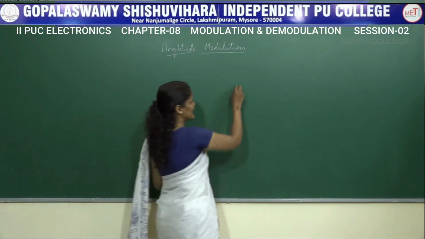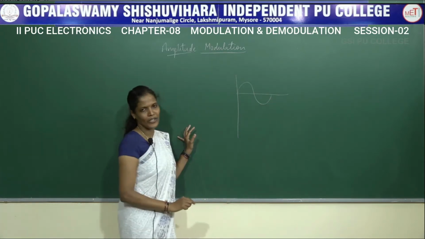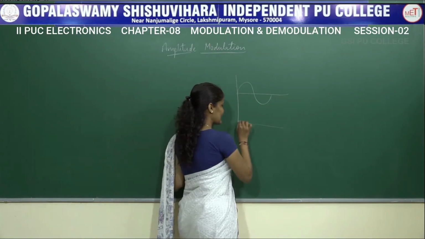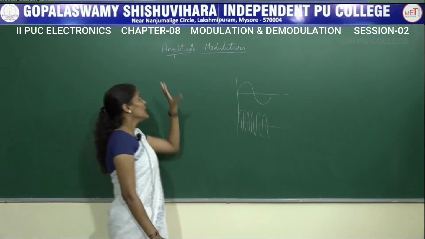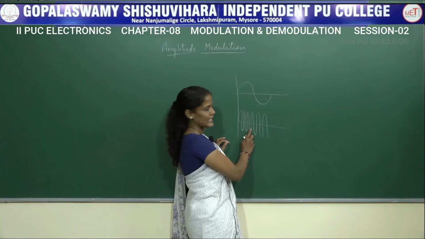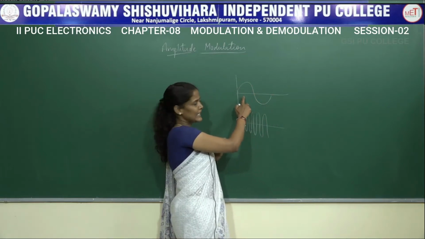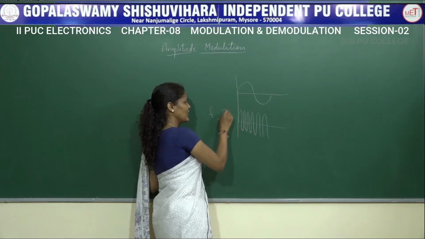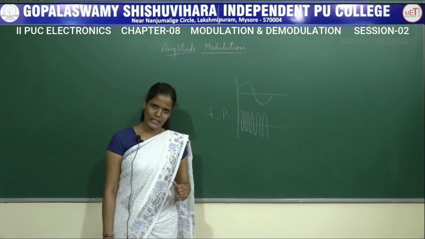We have a modulating signal like this, whose frequency is very much less, whereas the carrier signal like this has a very high frequency. So in amplitude modulation, we vary the amplitude of this carrier signal in accordance with the amplitude of this modulating signal, keeping the frequency and phase constant. That is the meaning of amplitude modulation.